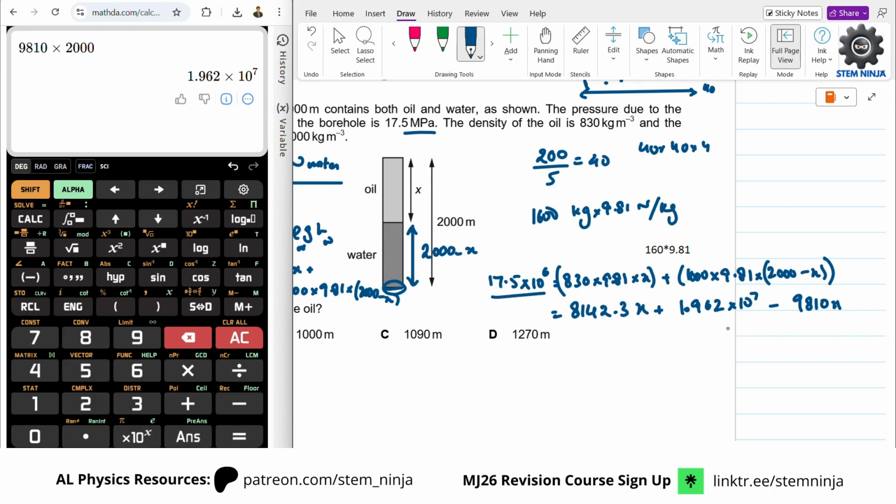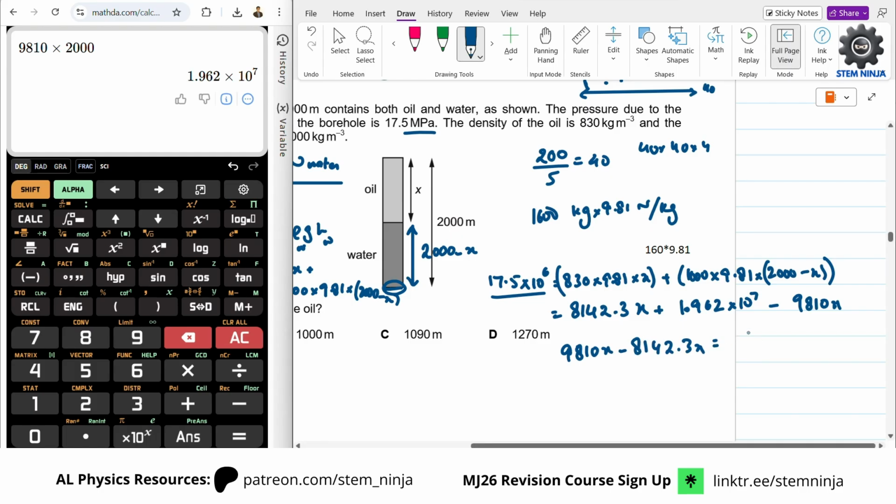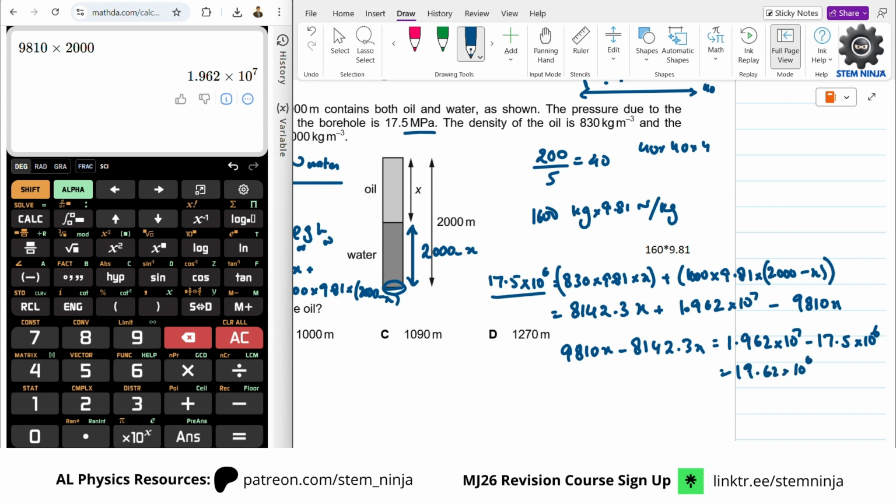So we need to collect the x terms together. So this will go on this side: 9810x minus 8142.3x equals 1.962 times 10 to the power 7 minus 17.5 times 10 to the power 6. This is basically 19.62 times 10 to the power 6 minus that.